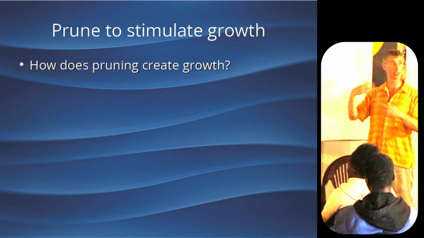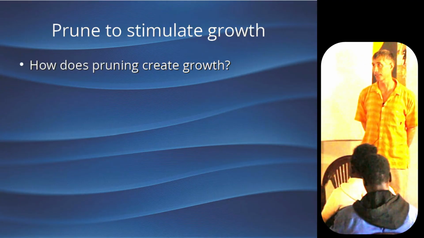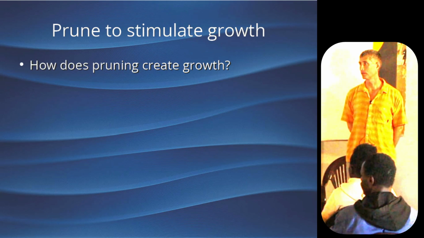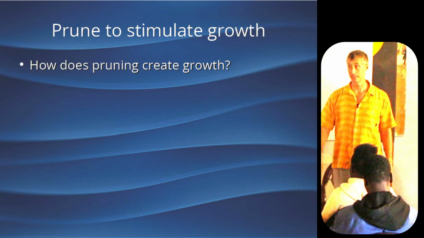So pruning you can use to remove dead and decaying parts of the plant that could attract disease. The pruning also stimulates more production of this growth hormone, and that growth hormone then stimulates that plant and its surroundings to grow. Very, very good.